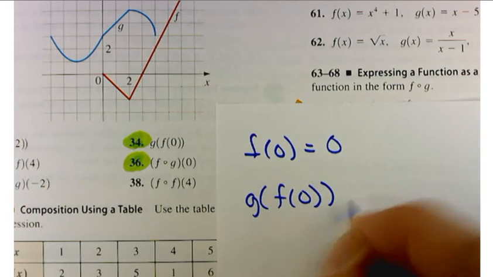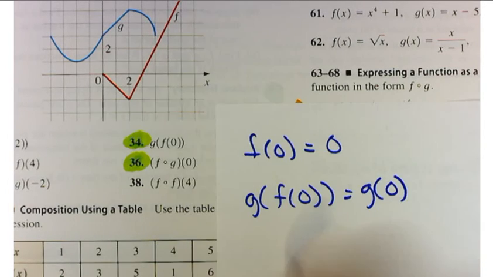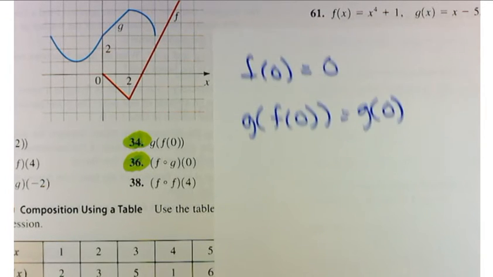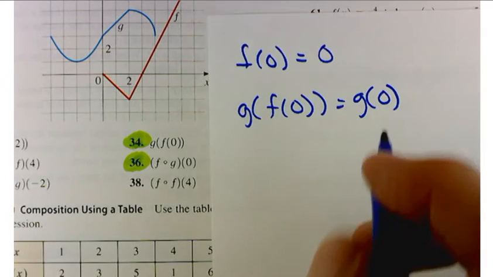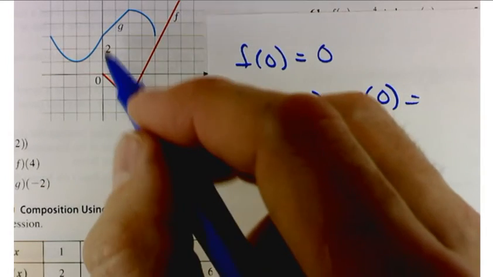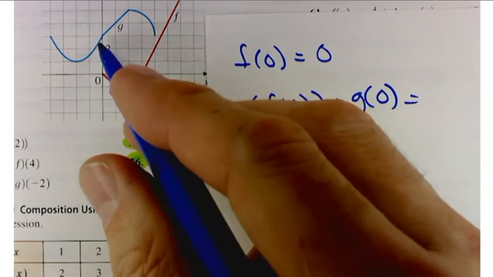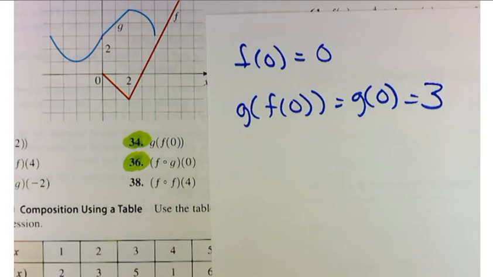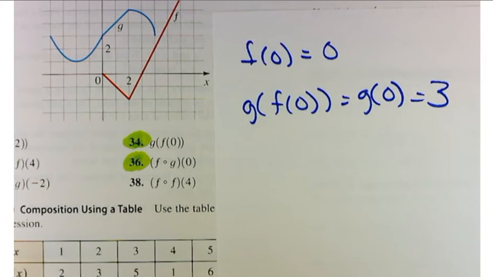What's g of 0? 3. It's just the y coordinate there. So 3. So that's problem number 34. Basically just looking at the graph.